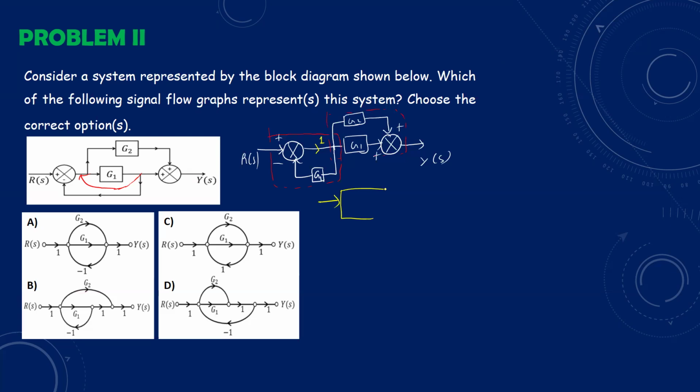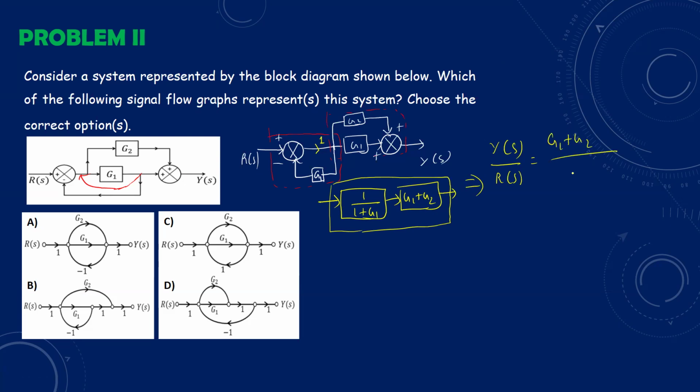So we can form 1 by 1 plus G1. And then for the parallel block combination, we can add the gains, G1 plus G2. So finally, the transfer function Y of S by R of S equal to cascading these two gains, G1 plus G2 by 1 plus G1. So this is the transfer function.